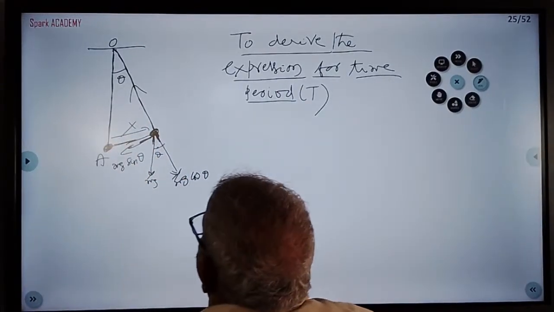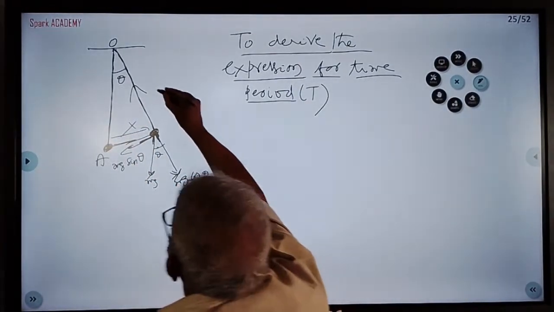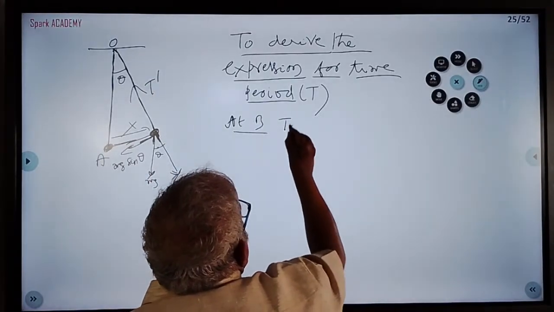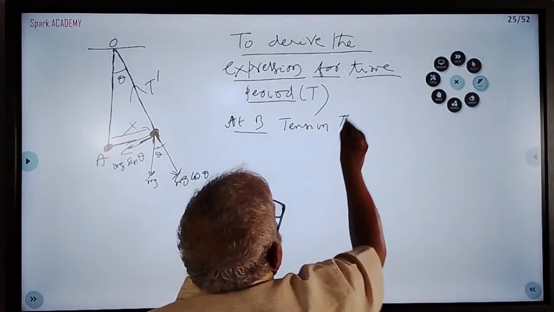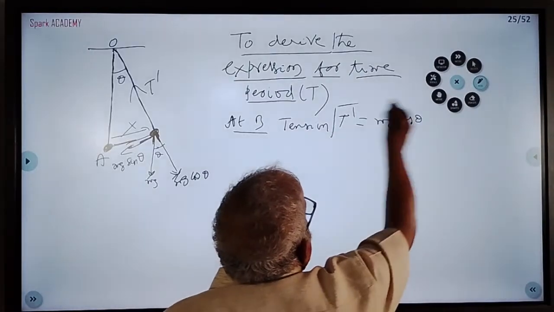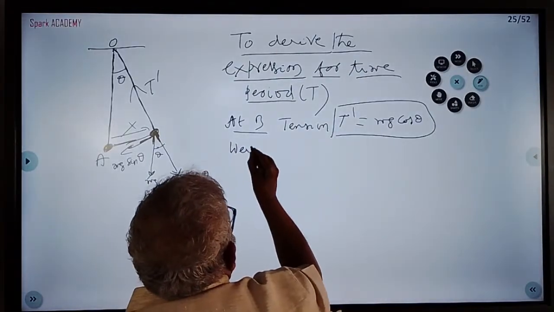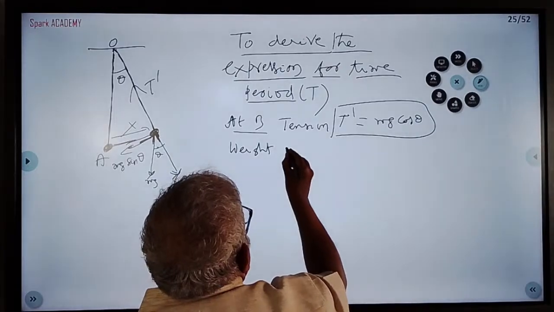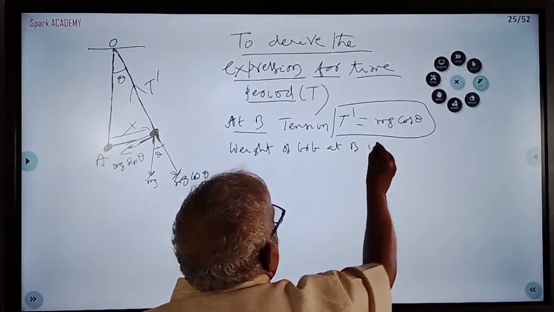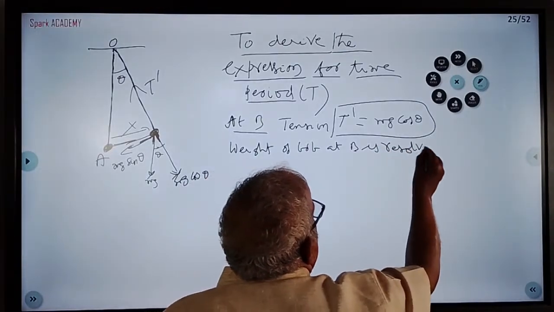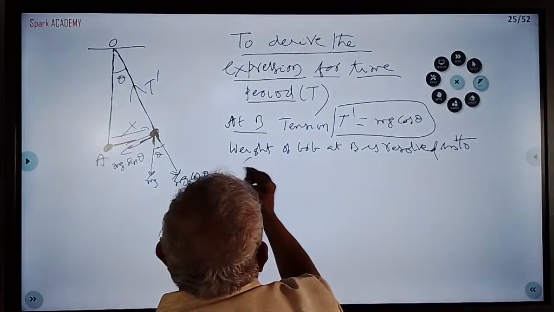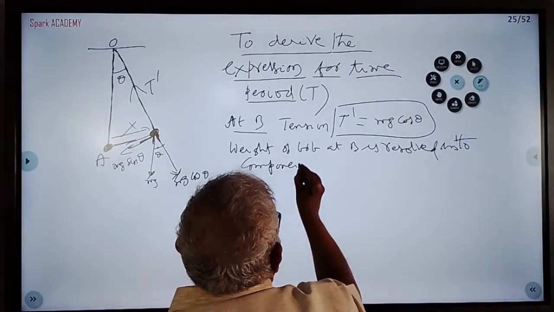So at B, tension T dash is equal to mg cos theta. Weight of bob at B is resolved into components.